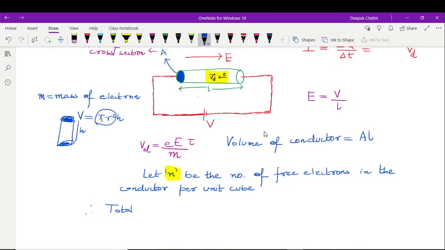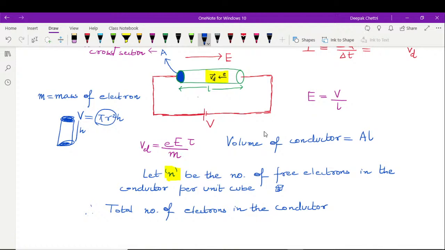Now, to find the total number of electrons in the conductor, how can you find the total? Small n is the number of free electrons in a small unit cube. So if I want to find the total, I will multiply this n with the total volume, right?